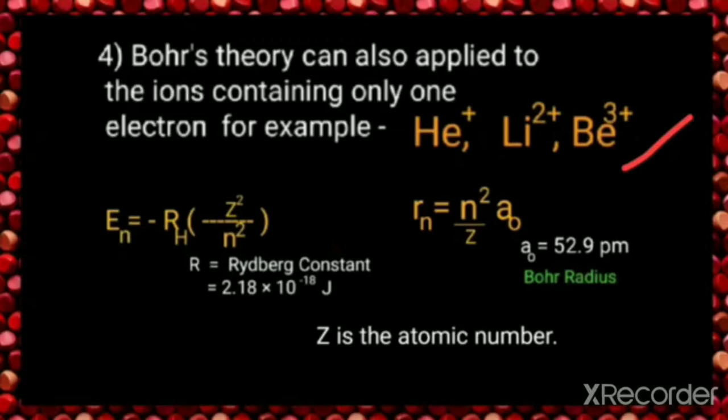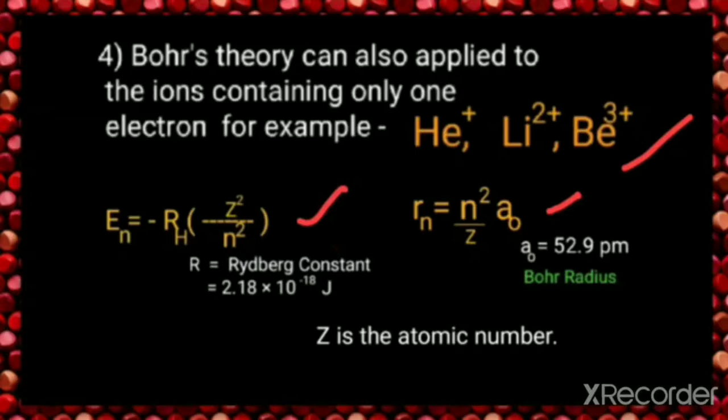All these ions have a single electron, just like hydrogen. So to calculate the radius and energy for such ions, he modified the formula in this way.